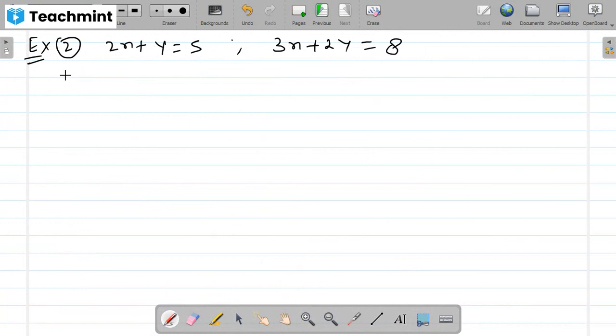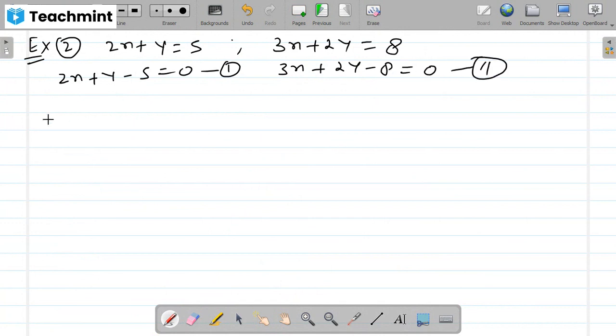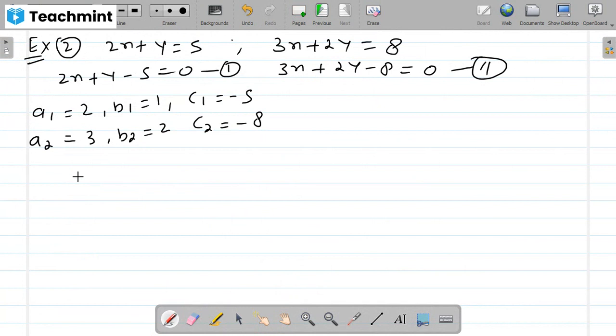Now rewrite these equations as 2x plus y minus 5 equal 0. This is equation first, and 3x plus 2y minus 8 equal 0. This is equation second. Now compare these: a1 equal to 2, b1 equal 1, c1 equal minus 5, and second equation a2 equal 3, b2 equal 2, and c2 equal minus 8.